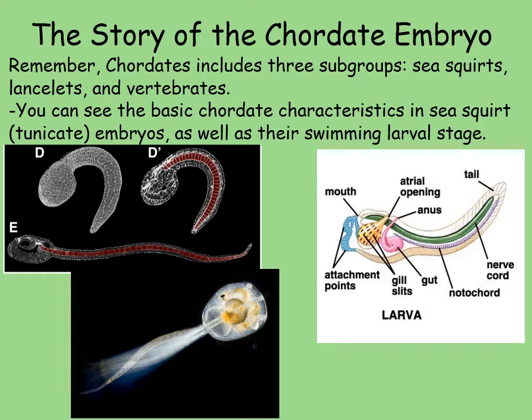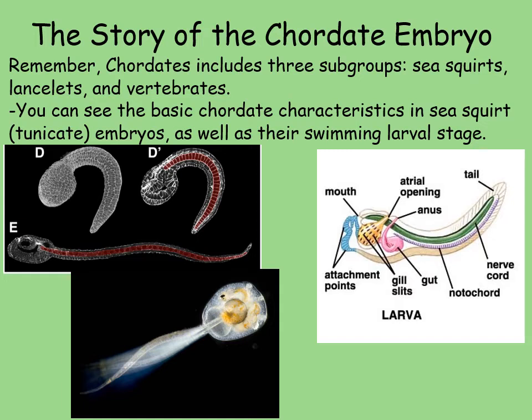So within the chordates, there are three subgroups: the sea squirts, the lancelets, and the vertebrates. If you look at the sea squirts, the tunicate embryos, they have all of the basic chordate characteristics. They're present as an embryo and also in their swimming larval stage.